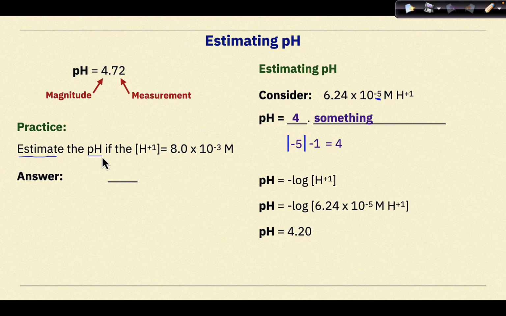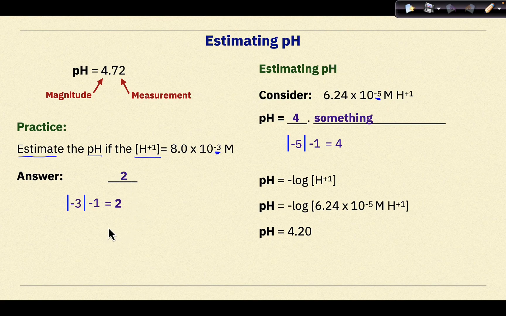Let's do another practice problem. Estimate the pH if the hydrogen ion concentration is 8.0 times 10 to the negative 3 molarity. So to estimate this, we would take the absolute value of the negative 3, and the negative 3 is coming from right here, minus 1, which will give us an answer of 2. So our estimated pH is 2.